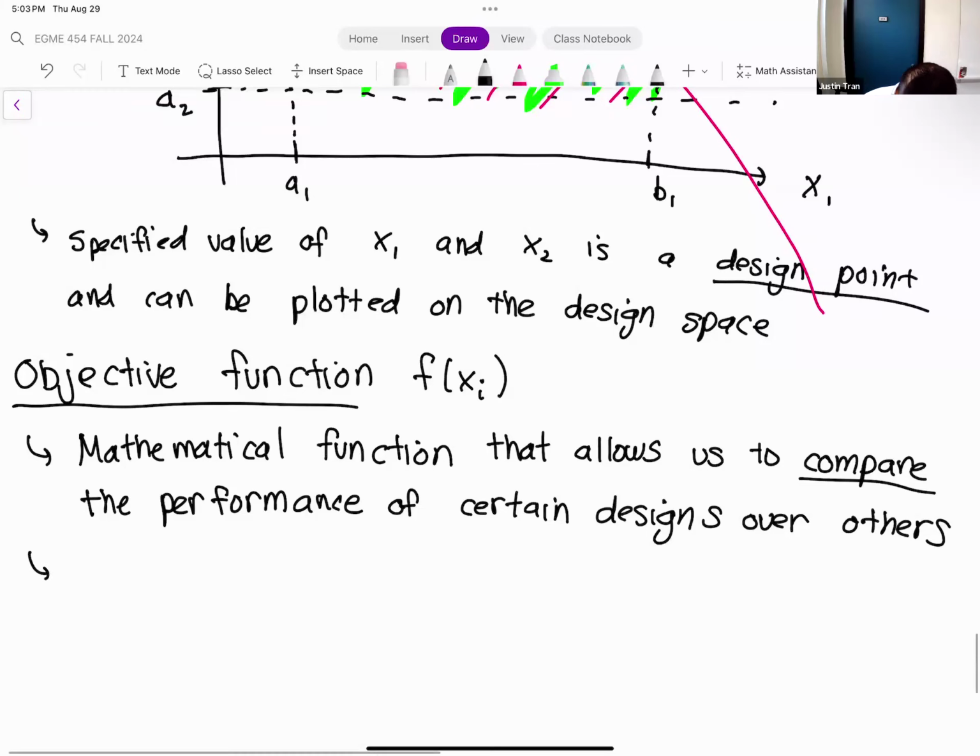So the objective function takes some mathematical form, but the form that it takes depends on the goals of your design, right?